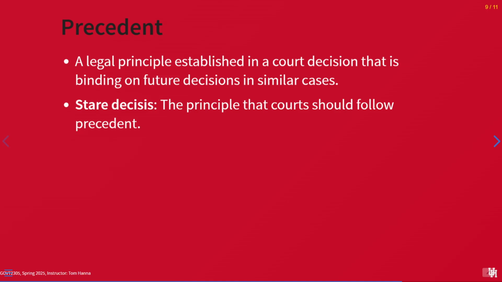If a judge makes a legal decision today, they should follow the same principle tomorrow, because otherwise we don't have any stability or continuity. We don't know what is legal and illegal as citizens. So judges should follow the same principle in a similar case as they did yesterday. It's definitely binding on the lower courts, and to a somewhat lesser extent, but still a pretty big extent, it's binding also on the court that made the decision. So the appellate courts are supposed to follow their own previous decisions.